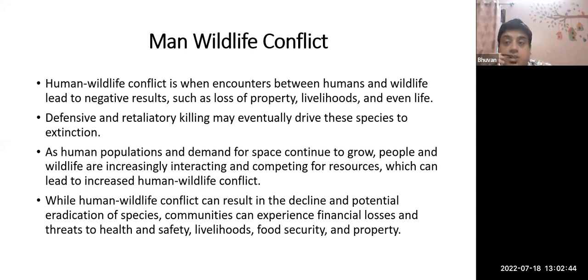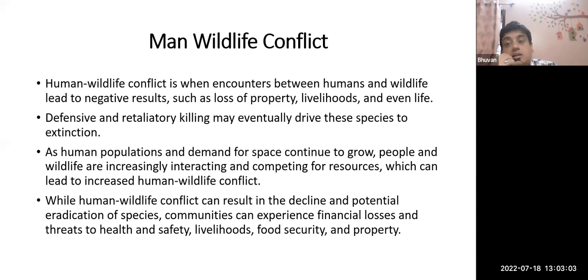There is loss of property, loss of livelihoods, and loss of lives. Wild animals are getting killed in large numbers, and human beings are also getting killed in large numbers. So there is harm occurring at both ends.